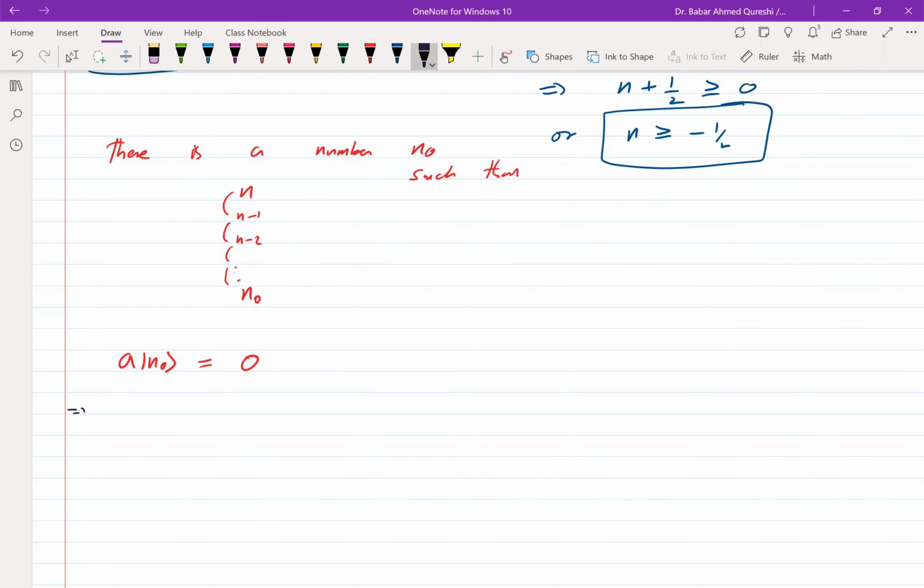But from here, I can multiply with a dagger on both sides. 0 just absorbs everything. It's still 0.